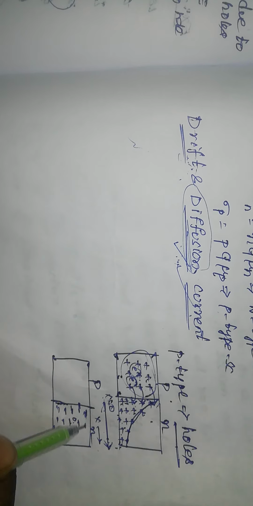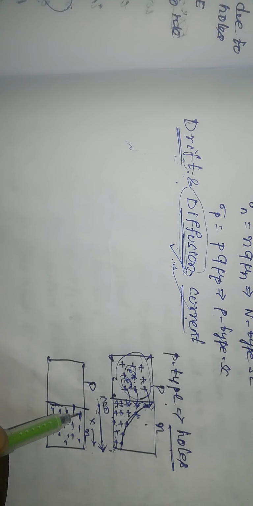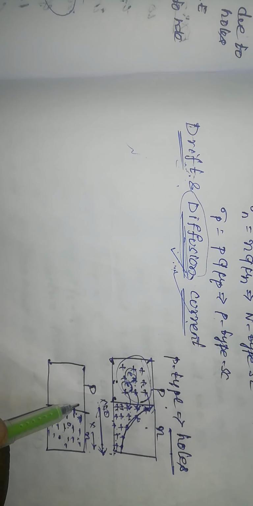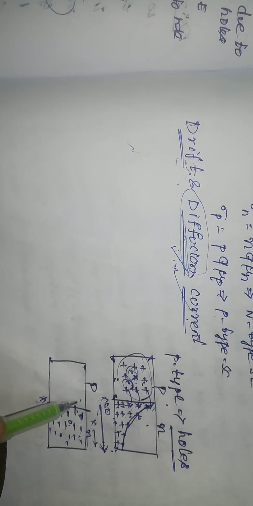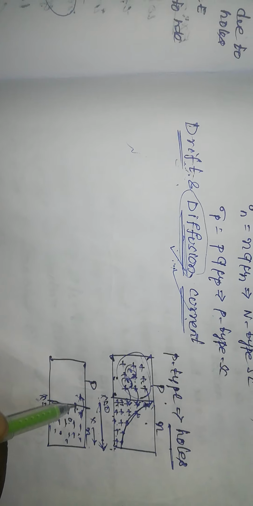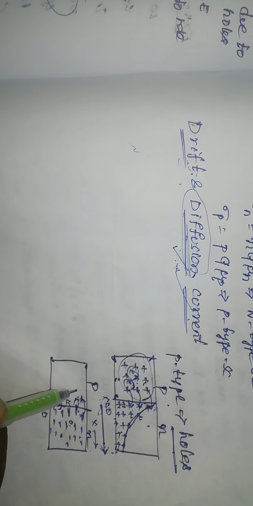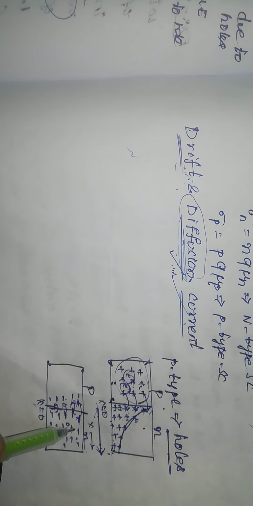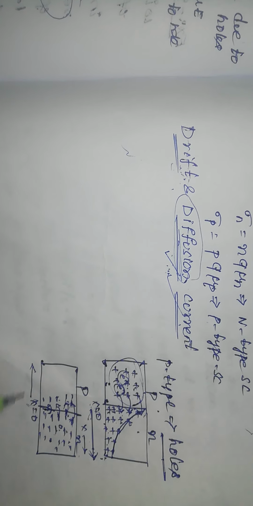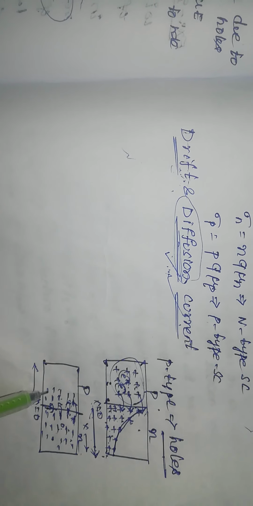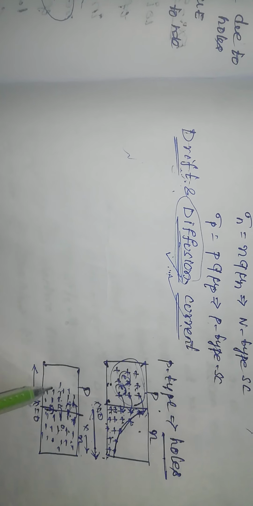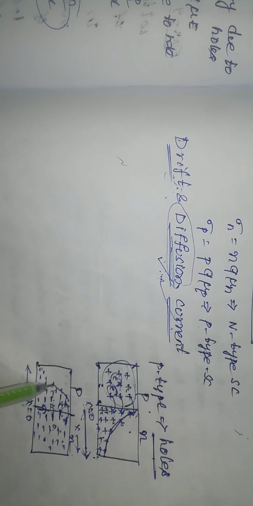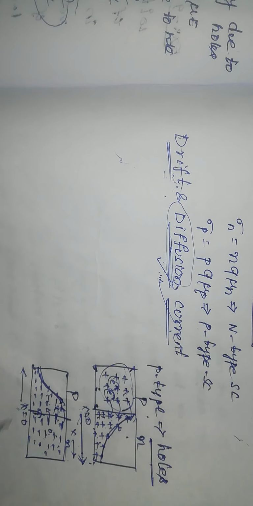As the majority carriers, the electrons, have more concentration on the n side, they try to move towards the p side. So at the junction x equals 0, more electrons diffuse from the n side to the p side, but as the distance x increases, the diffusion length of the electrons in the p side decreases, again with exponentially decreasing nature.